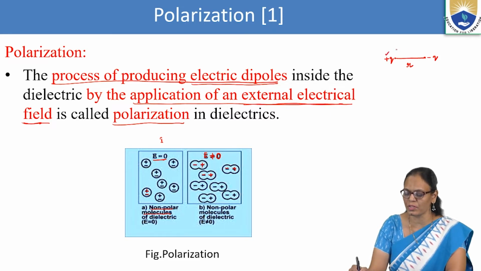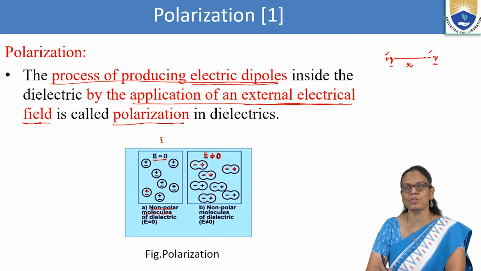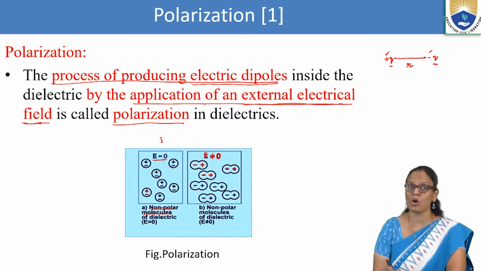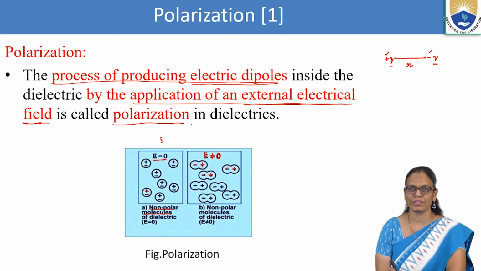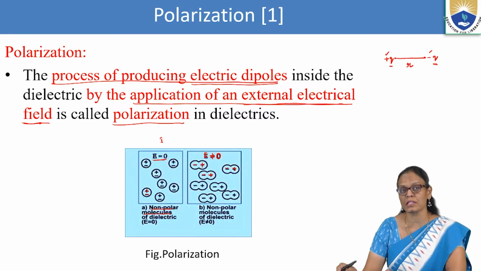This is positive, this is negative, but when it comes to the magnitude, both have the charge Q. That is how electric dipoles are formed in the presence of an external electric field. And this process of producing the dipoles due to the electric field, we call polarization. I think the definition should be very clear before we discuss different types of polarization.